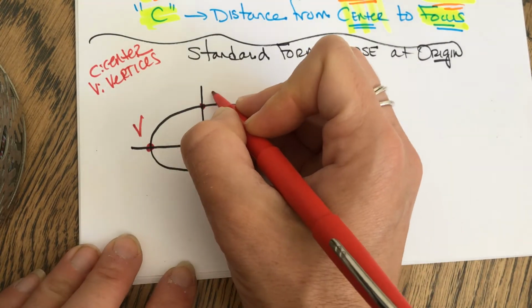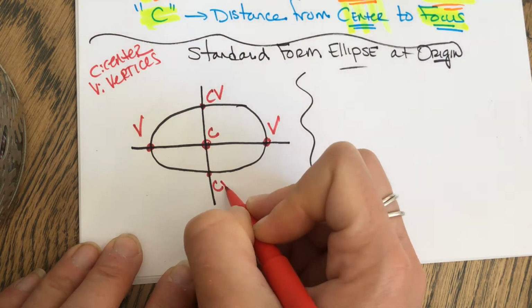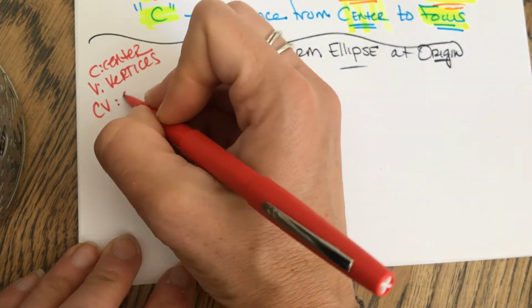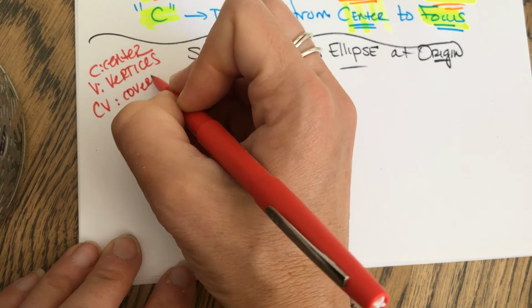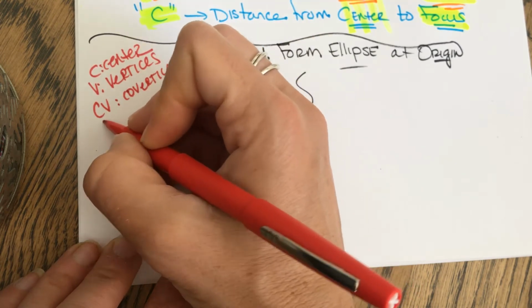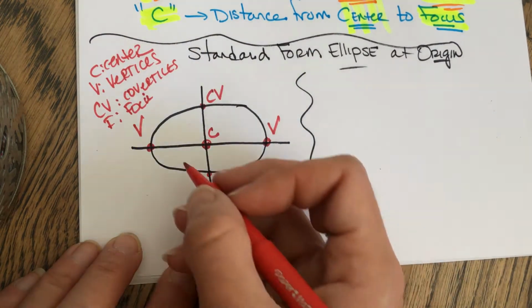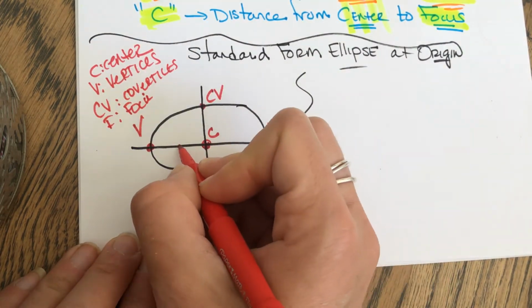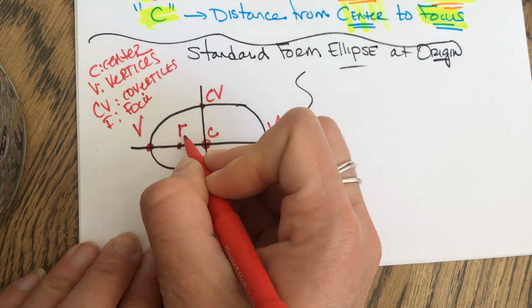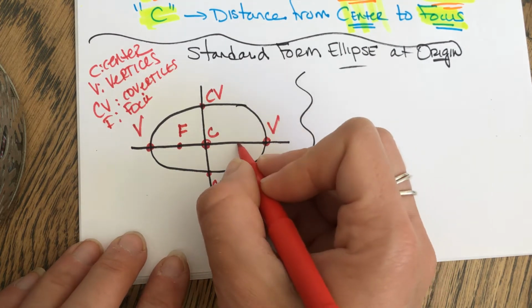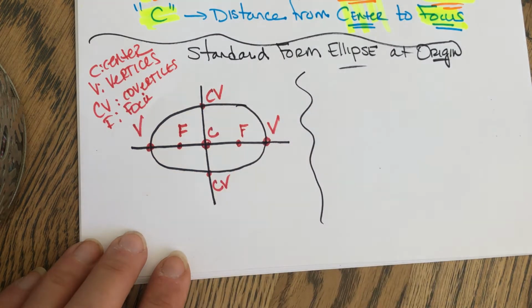And then up here, I'm going to put CV, co-vertices. And then F obviously is our foci. Where is the F? The F is along the vertices, so we're just going to put focus, focus, okay?